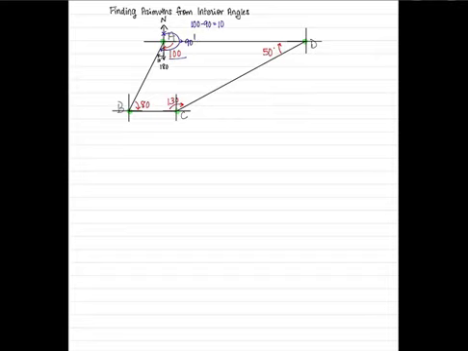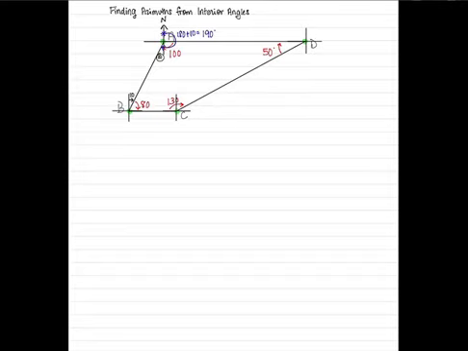So, just to clean stuff up here, starting from this point and going clockwise all the way around is going to be 180 plus 10, which will be a 190 degree azimuth. Now from geometry, we know that if this angle is 10 degrees, then this angle must also be 10 degrees.